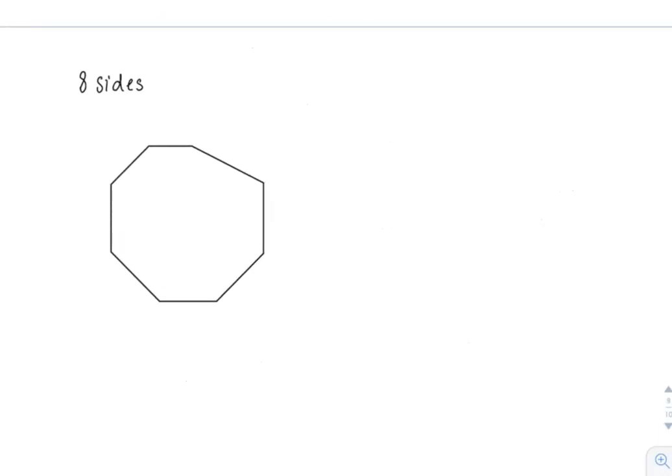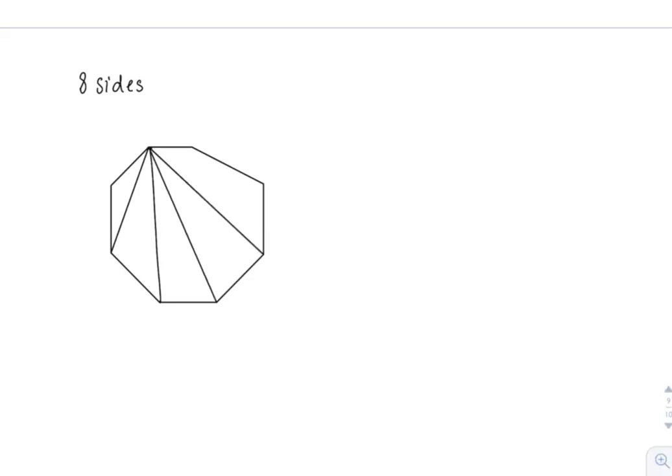The last one we'll check. 8 sides, start at a vertex. So here we have 1, 2, 3, 4, 5, 6 triangles. 180 times 6 is 1,080 degrees.